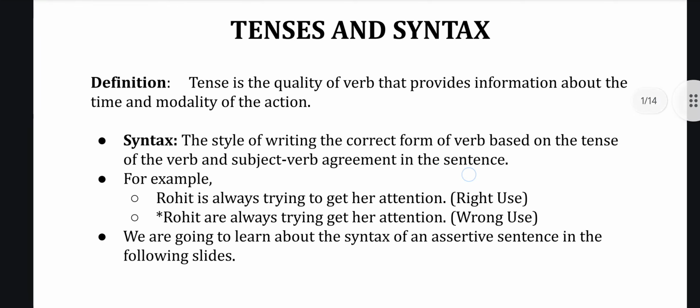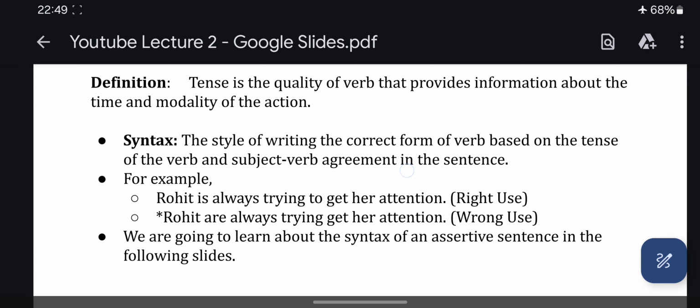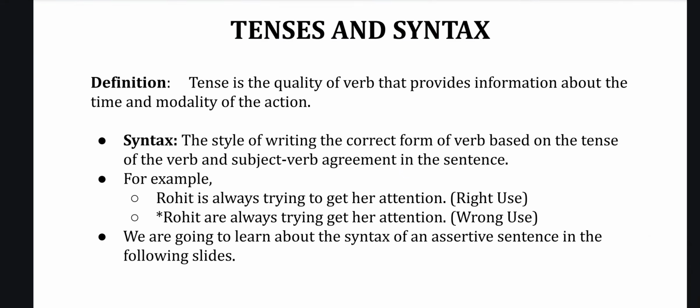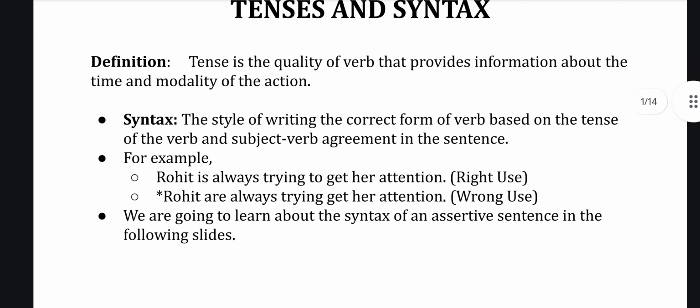And if we want to look at the syntax, syntax is the style of writing the correct form of tense, correct form of verb based on the tense of the verb and the subject verb agreement in the sentence, in any sentence. For example, if I write Rohit is always trying to get her attention, it's a sentence, an assertive sentence, evidently.